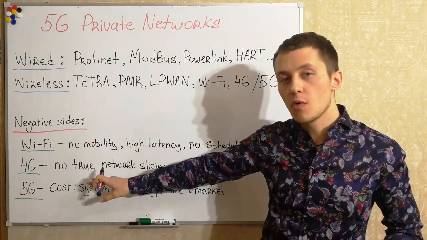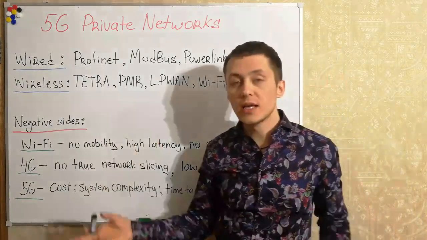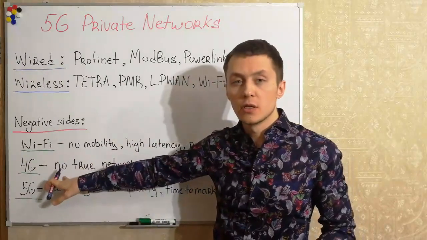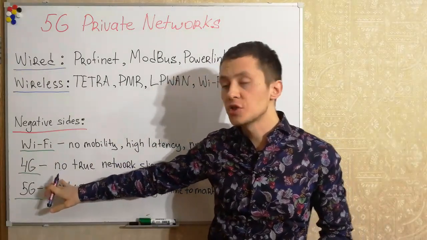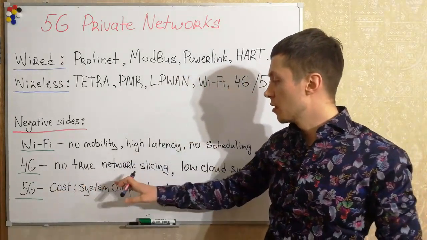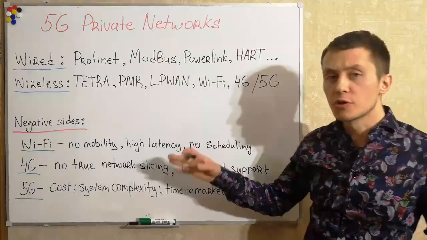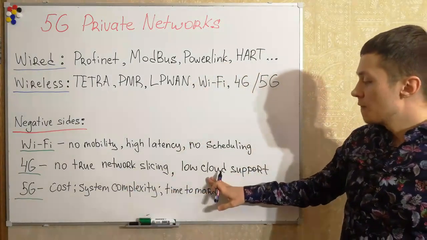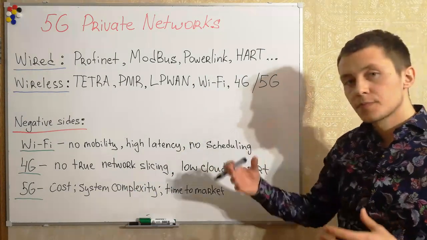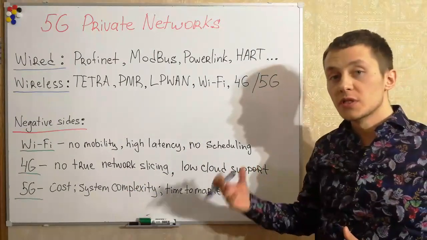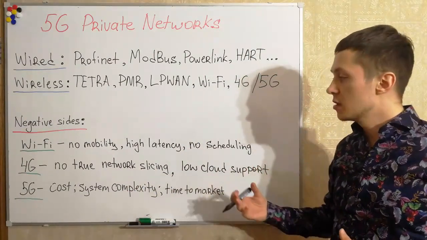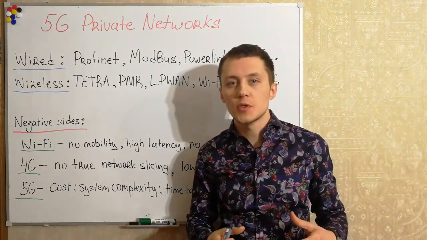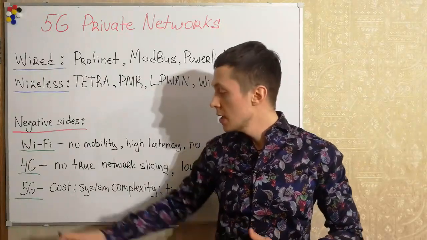First of all, there is no true slicing as in 5G. 4G and non-standalone cases cannot support mission critical communications, and there is very low cloud and virtualization support for such networks. So again, 4G networks are probably not so flexible when it comes to deployment scenarios.